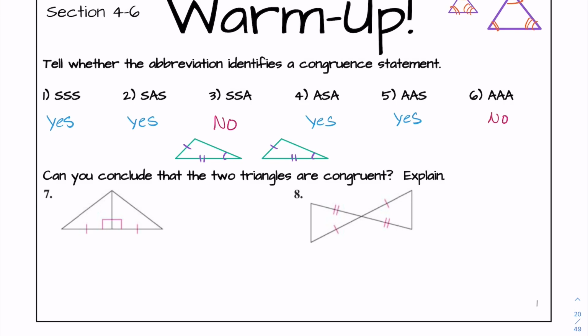So yes, this does look like it works. However, this is not what I wanted. I'm sorry. Let me do this side, side, angle. Let me do it this way. The way I drew it was a little bit off. There we go, side, side, angle. So here you have side, side, angle, side, side, angle. It looks like it works. Hey, that's enough information. But watch this. Watch what we have the ability of doing.